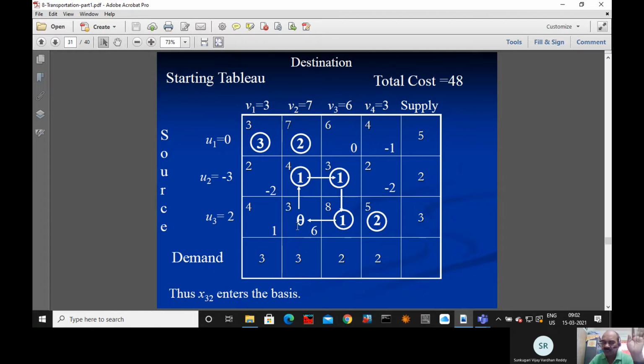So the cell with plus theta must increase, and the cell with minus theta must reduce. All 3 cells are 1. How much can we reduce? We can reduce 1 unit. How much can we increase? We can increase 1 unit. So 2 units we are reducing, 2 units we are increasing.